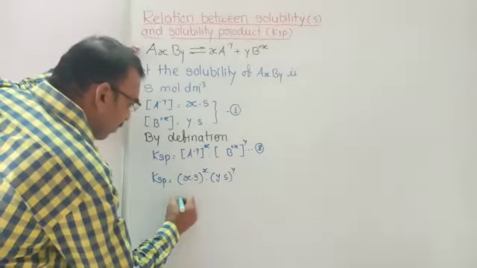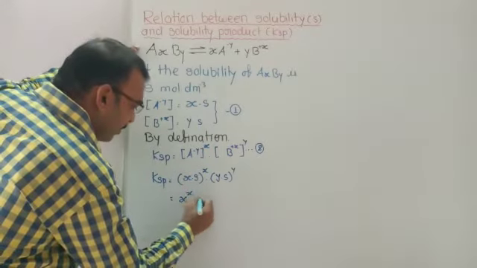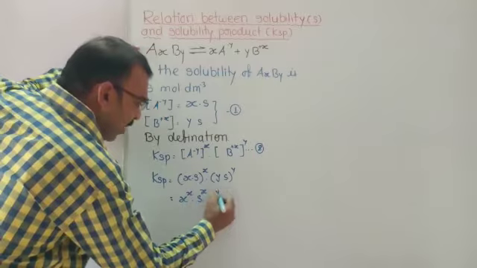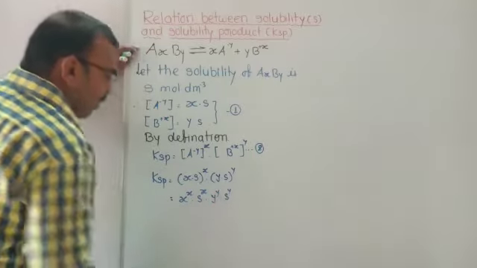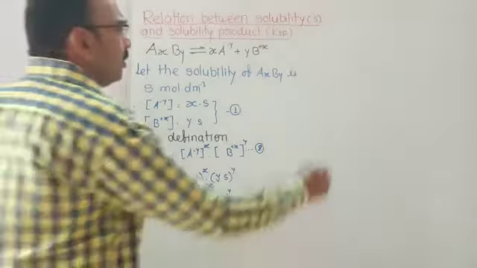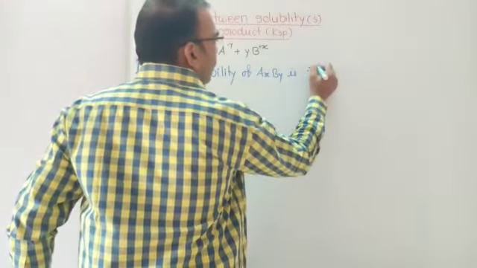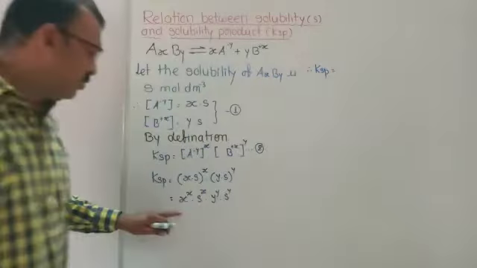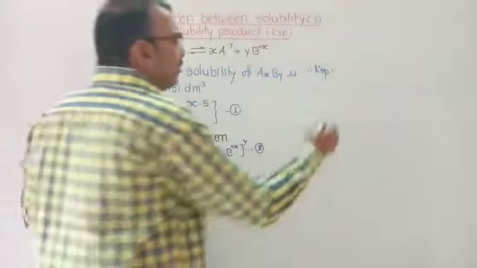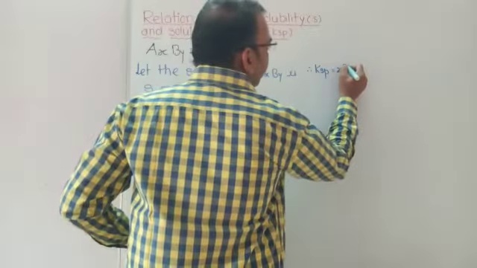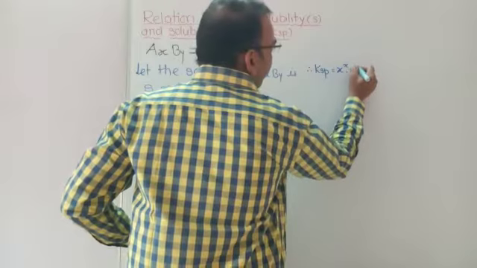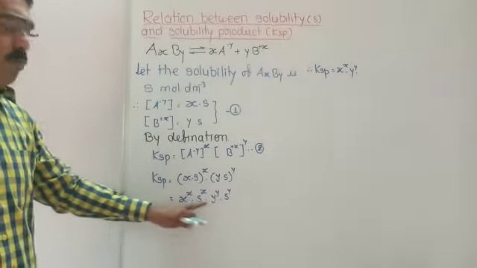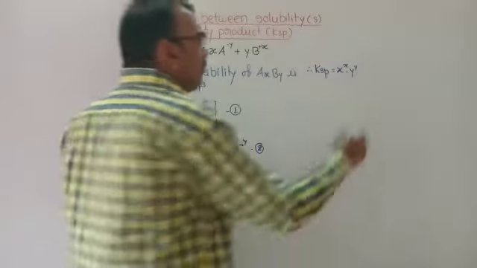Solving these, we get x to the power x into S to the power x, y to the power y into S to the power y. Therefore, solubility product Ksp is equal to x to the power x into y to the power y into S to the power x plus y.